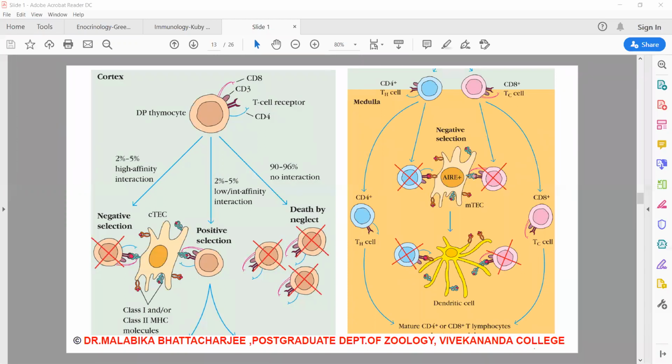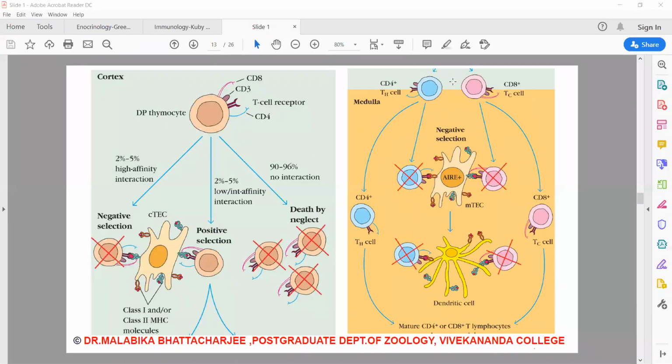It might also at times miss one or two. That sometimes happens. So as I said, it presents all the self antigens to the already positively selected thymocytes. The thymocytes have completed positive selection. So some have become CD4 positive cells, some have become CD8 positive cells.